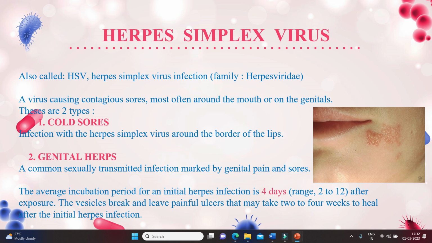The average incubation period for initial herpes infection is 4 days after exposure. The vesicles break and leave painful ulcers that may take 2 to 4 weeks to heal after the initial herpes infection.